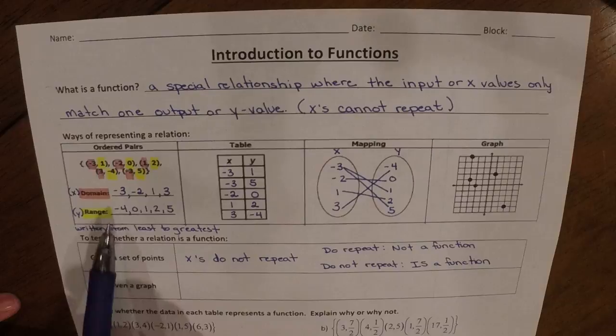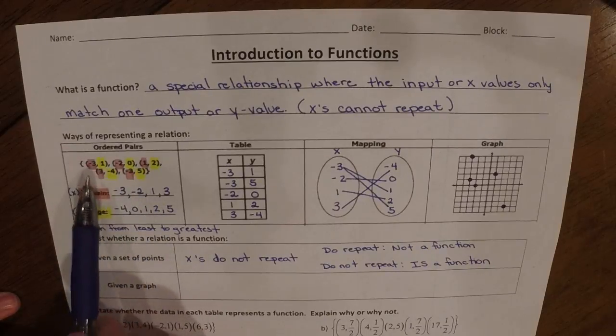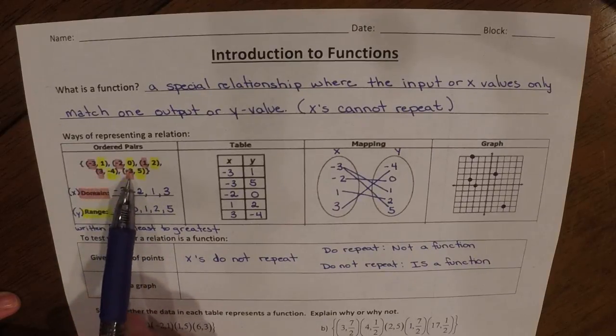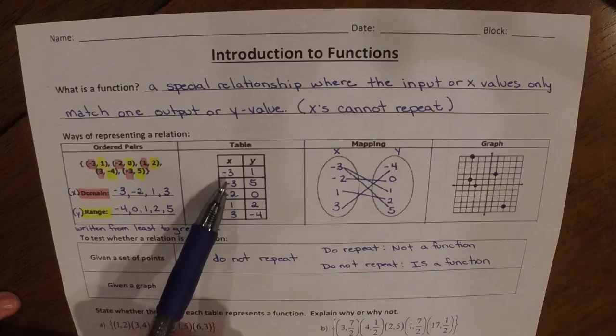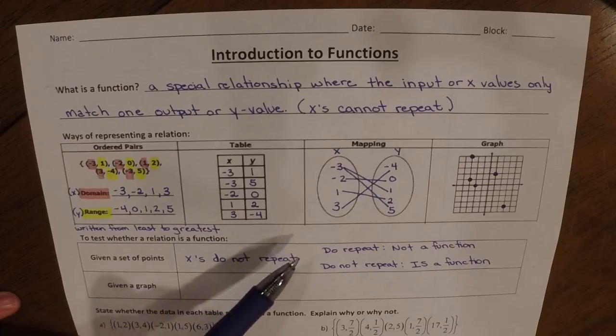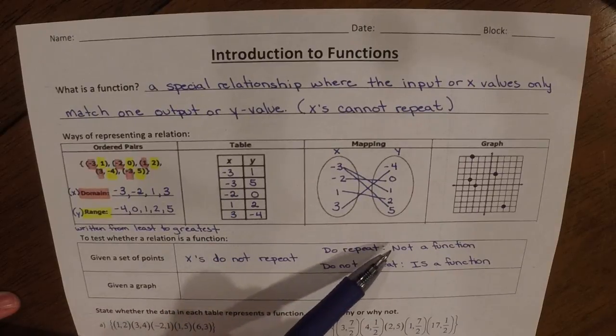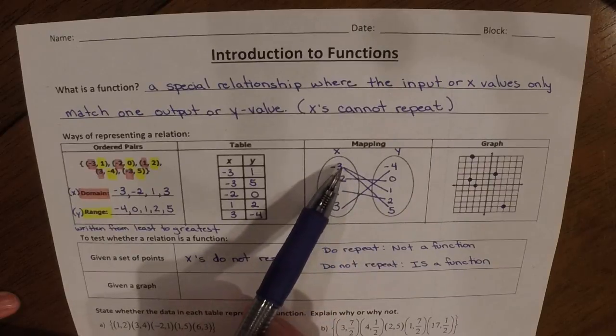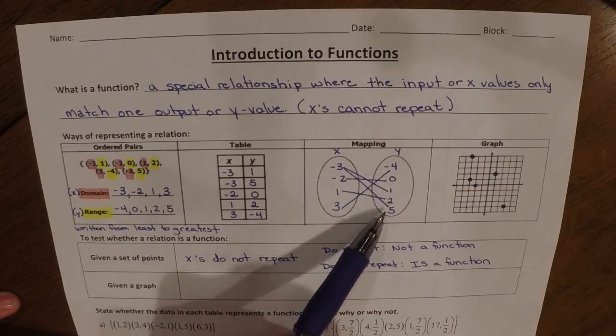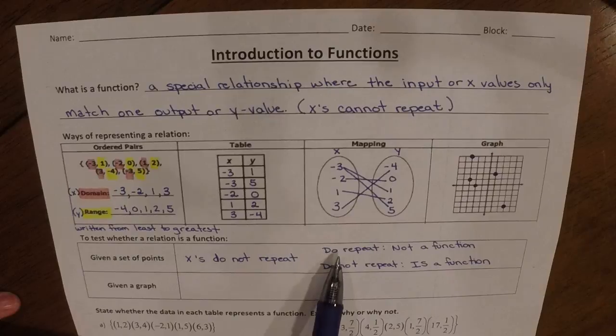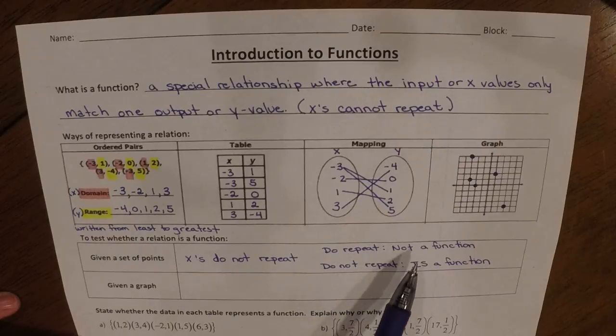So if we look at this specific situation, we have a -3 and a -3. It repeats, so this is not a function. Or we have a -3 and a -3, so it repeats, so it's not a function. Or here we see two lines coming from the same x value, so we would say it repeats, so this is not a function. Then what do we do if we're given a graph?